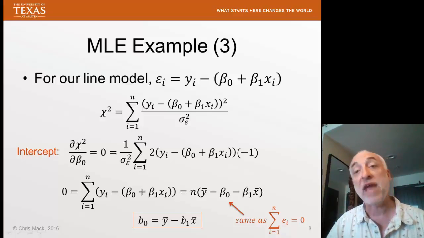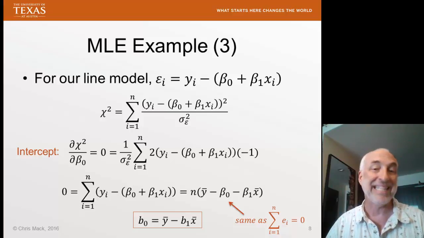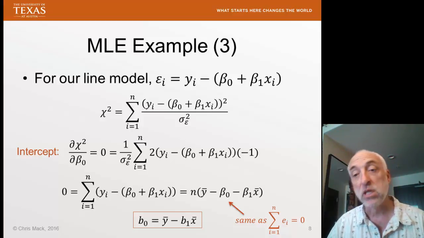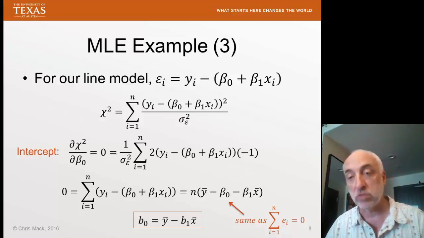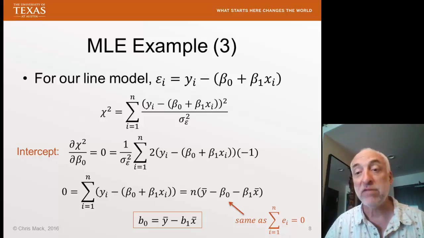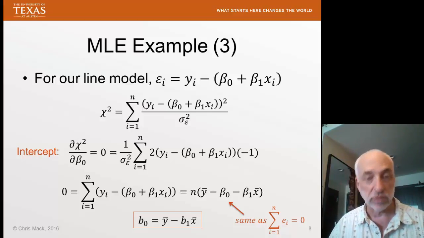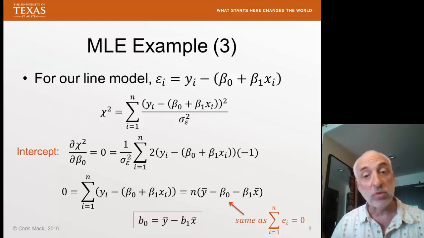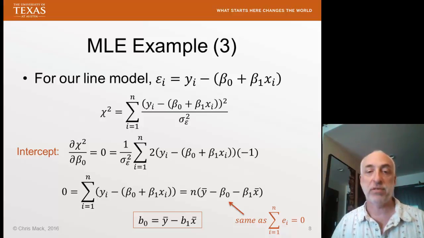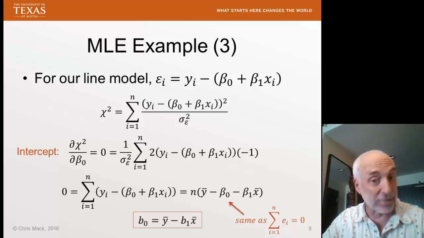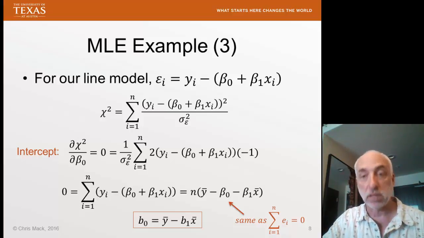The fact that we have an intercept in our model means that the best value of the intercept is that which produces the sum of all the residuals equal to 0. The mean value of the residuals is equal to 0 for the data set. And that is how we can define the best value of the intercept in our model.